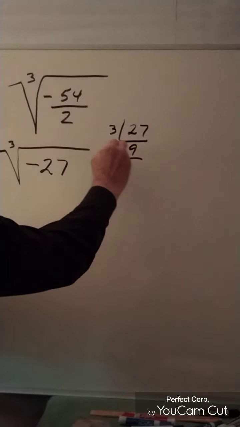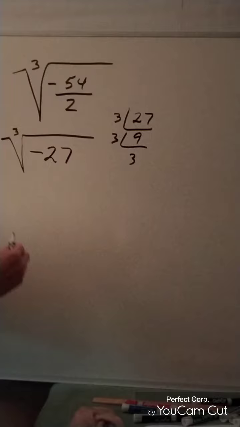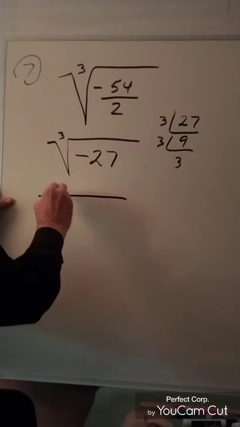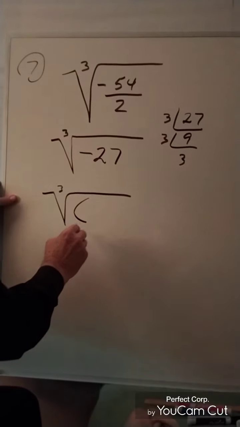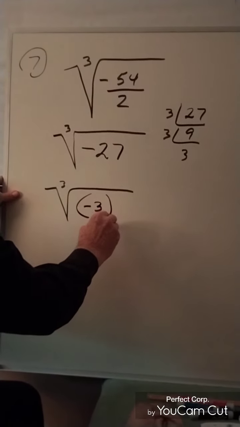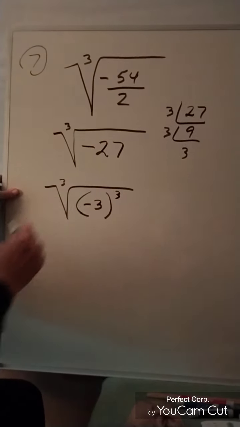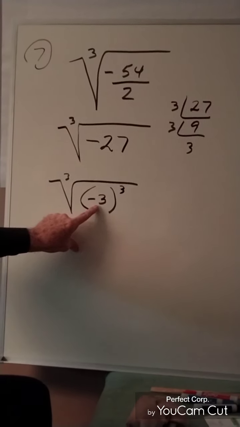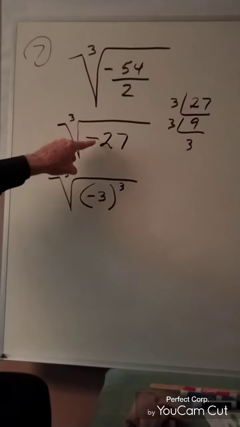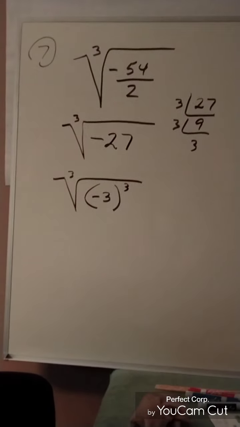3, 9, 3, 3. And now when we rewrite this, we'll actually have the cubed root of negative 3 to the third. Because negative 3 times negative 3 times negative 3 is negative 27.